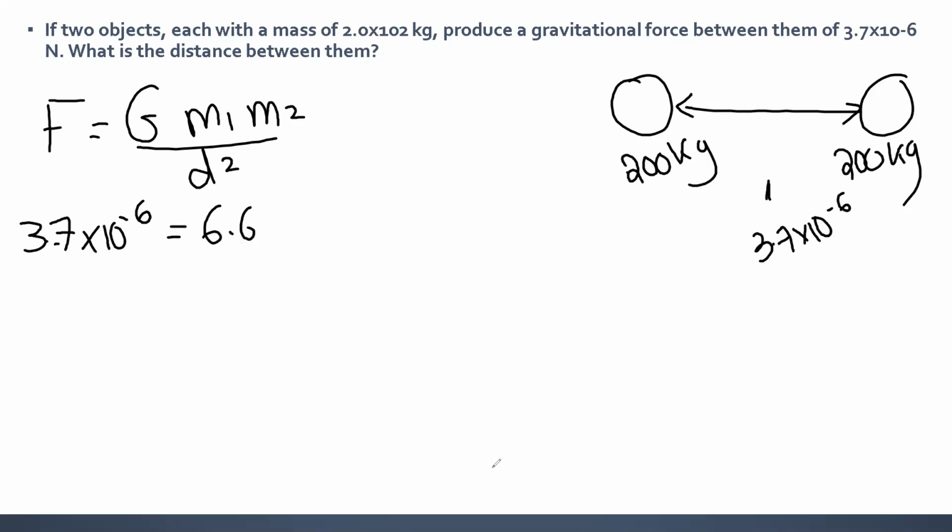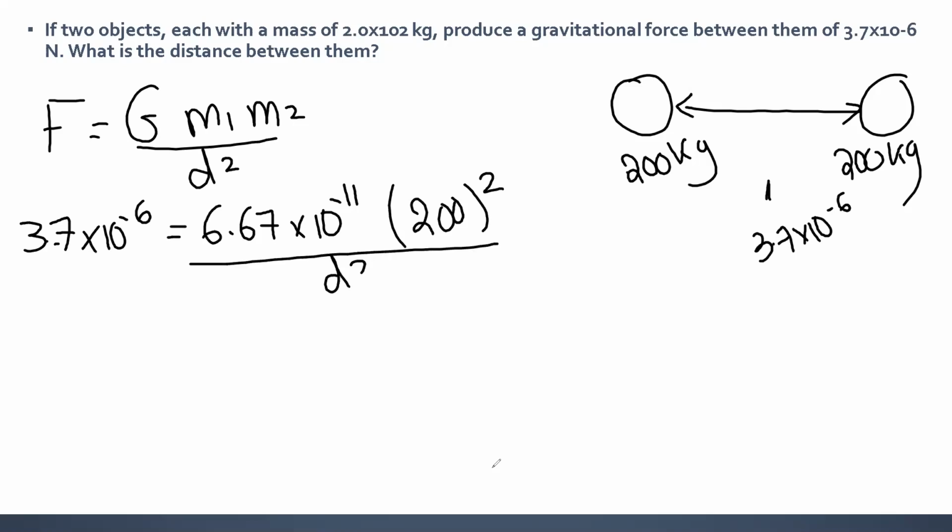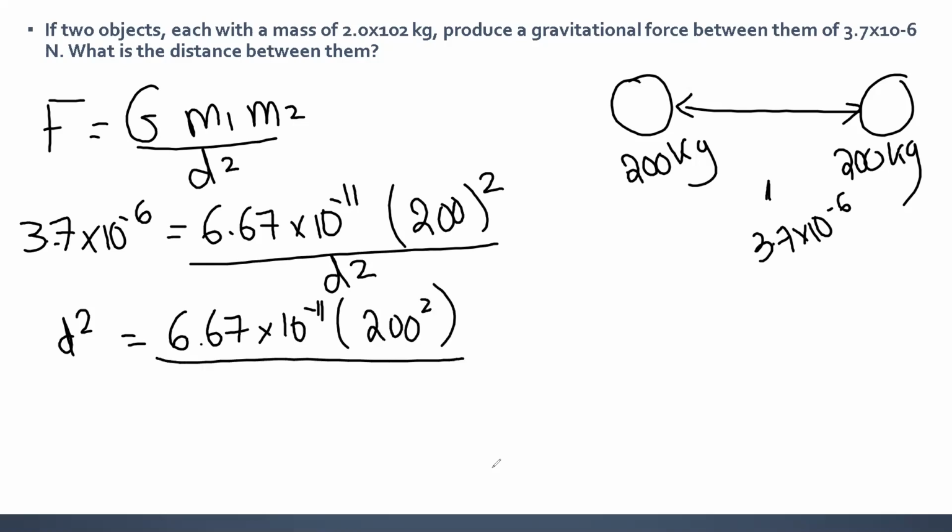G is 6.67 times 10 to the power negative 11. Since the two masses are the same, we can say 200 squared over d squared. So d squared will be 6.67 times 10 to the power negative 11 times 200 squared over 3.7 times 10 to the power negative 6.